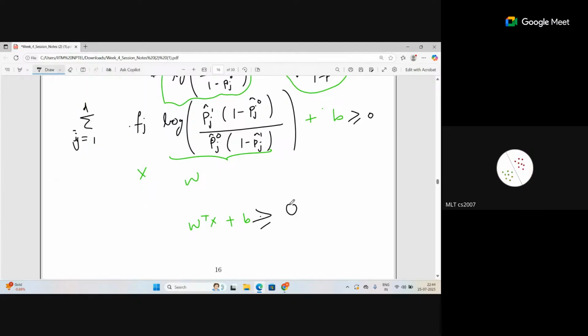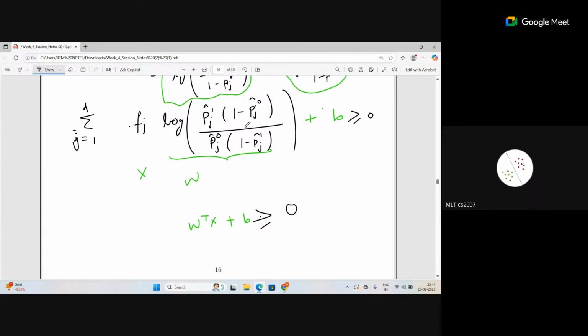It is actually coming as a transpose if you look at it, or you can say it's a product, because it's a summation of this variable into some constant. The log of the entire term is a constant.